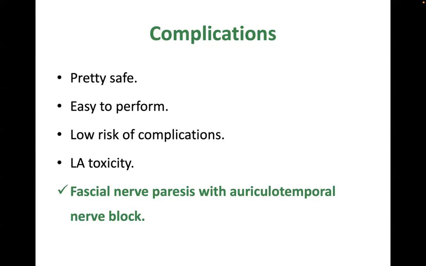If you go beneath the tragus, or use a local anesthetic volume of more than 3 ml, you will definitely have this paresis, which lasts around 6 to 8 hours and then settles on its own. These are the common complications associated with the scalp block.